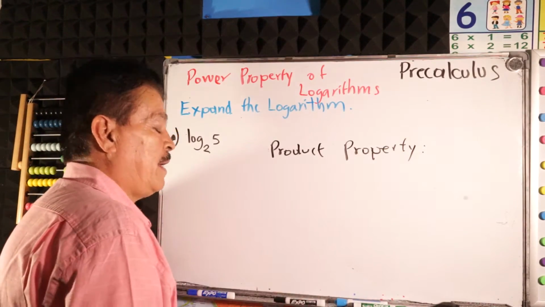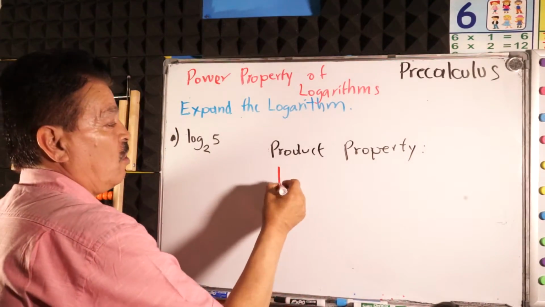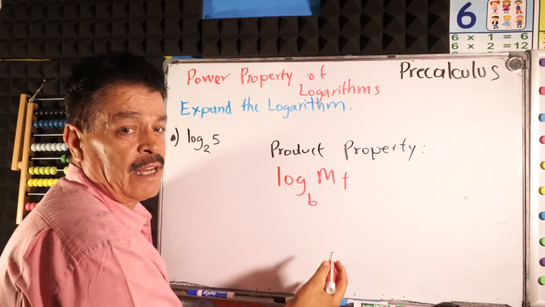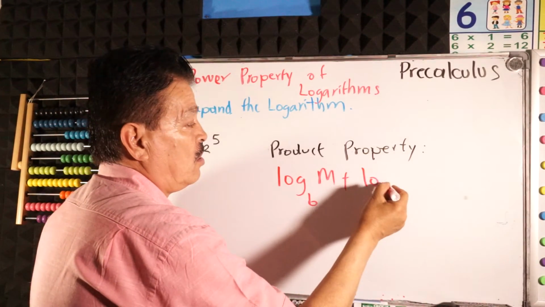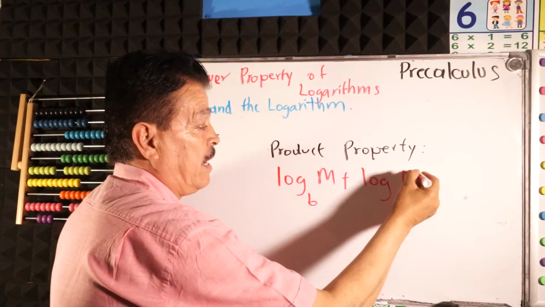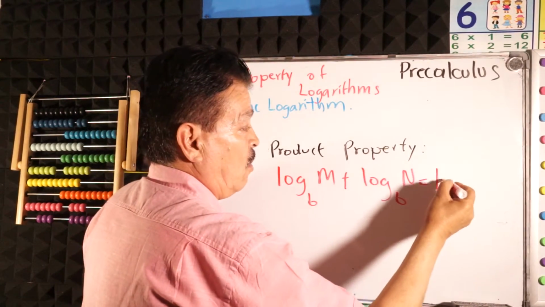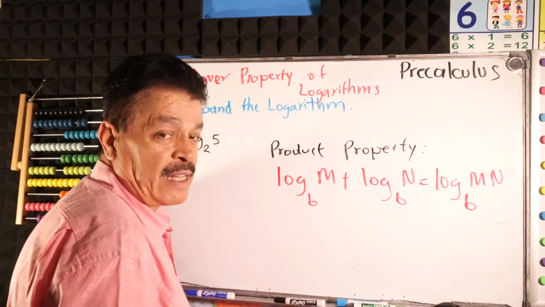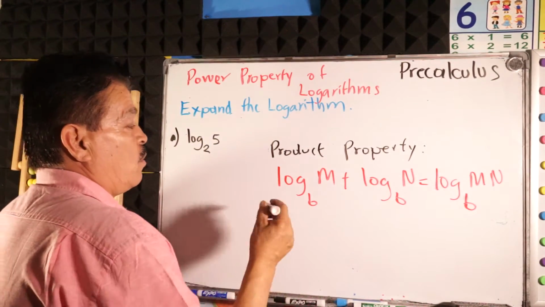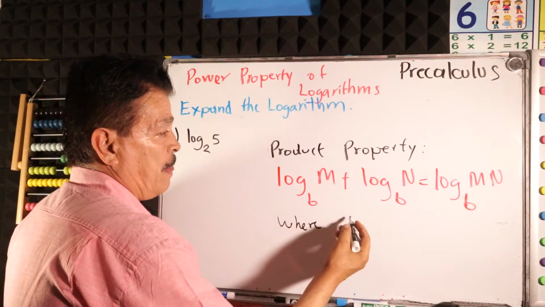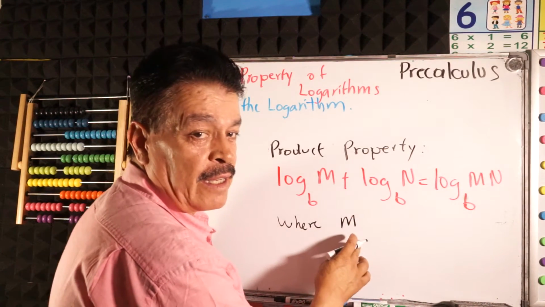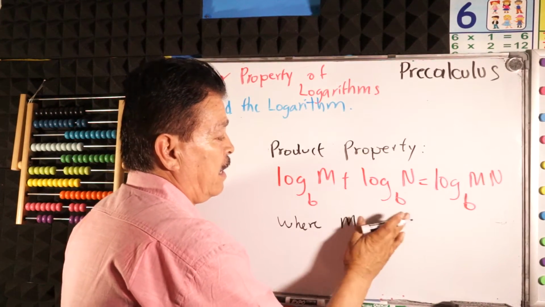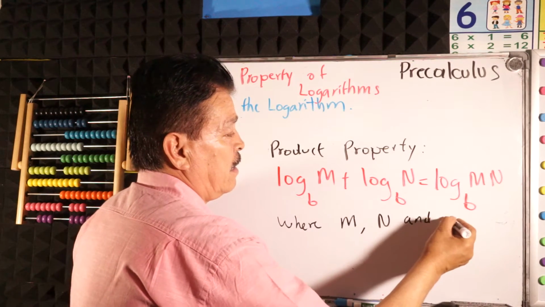This rule: log m with the base b plus log n equals log mn with the base b, where m and n and b are positive.